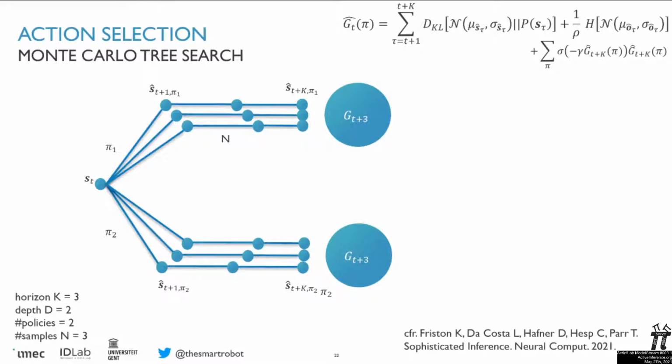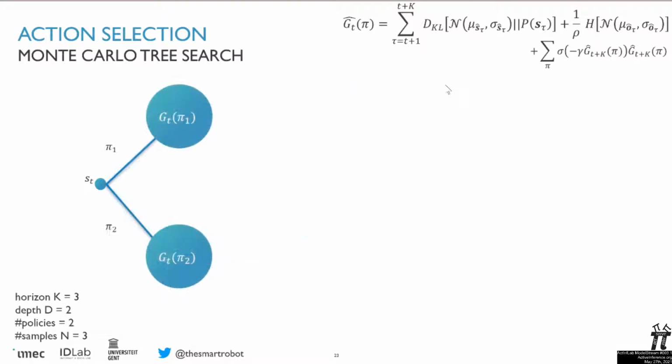And this is very similar, I think, to what Carl Friston proposed in his sophisticated inference paper. So basically, at each step in the future, you only consider the free energy of the branches that you think will basically be the best ones. So in the end, you'll end up with an expected free energy for both of your policies, and you then select the best one and start acting accordingly.